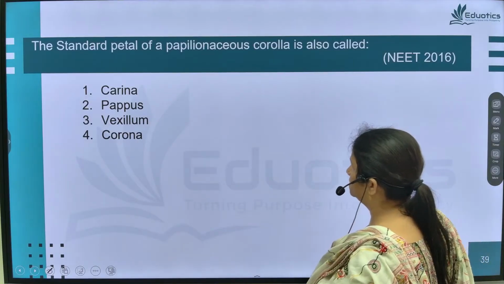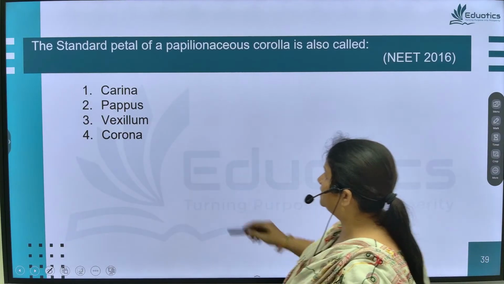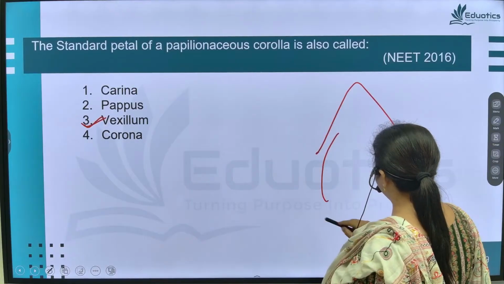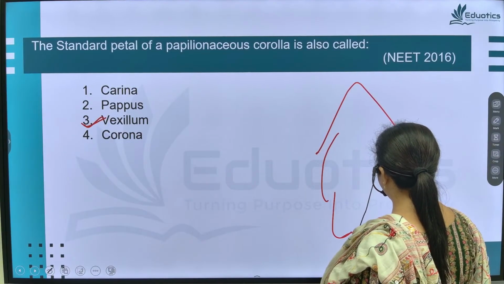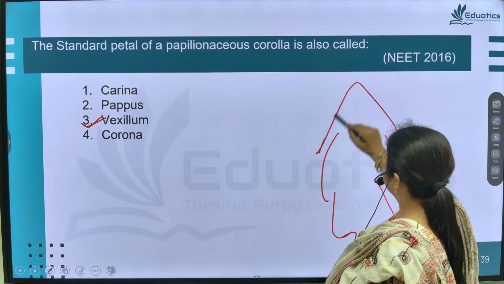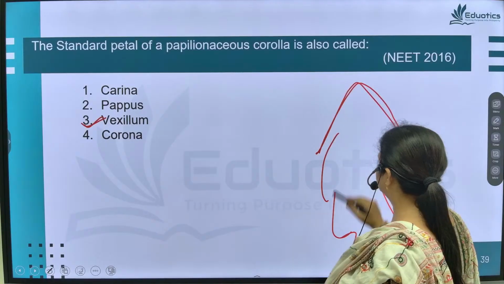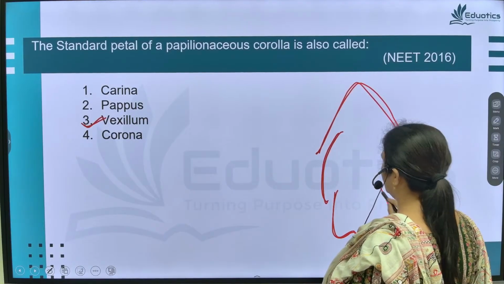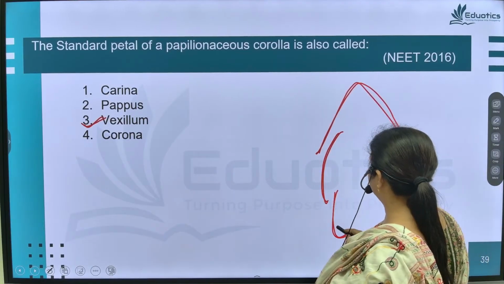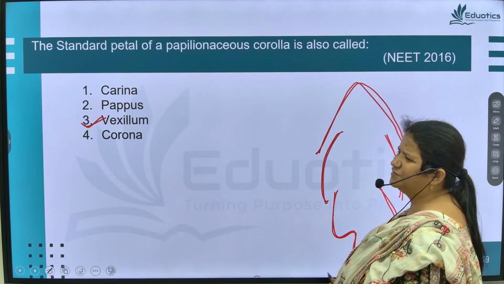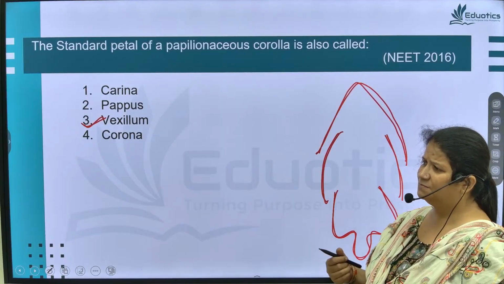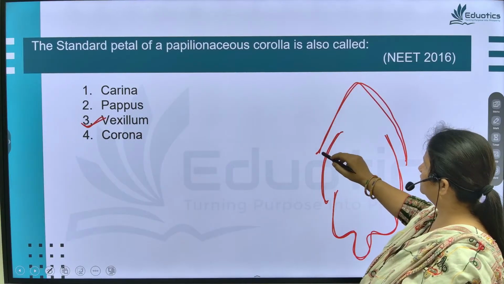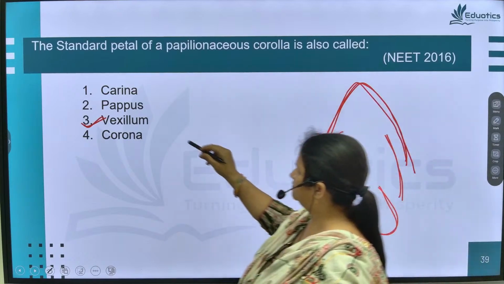We know the standard by one more name, what? Vexillum. See, look at the diagram again, we have studied it three times in previous years, so you should understand its importance. That is the standard or vexillum, those are the alae or wings, and that is the keel or carina. So this carina stands for the keel. Pappus is a term related to the calyx modification in the family Asteraceae. Corona is not a term here. So for the standard petal we use the term vexillum.